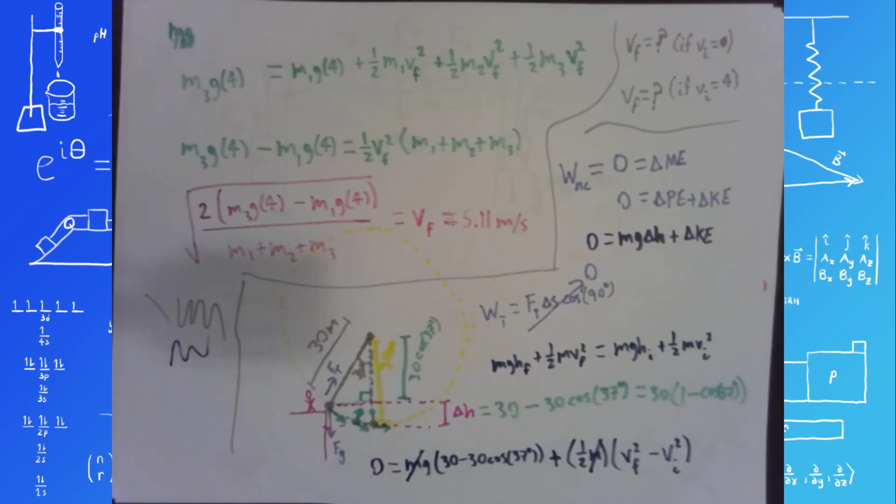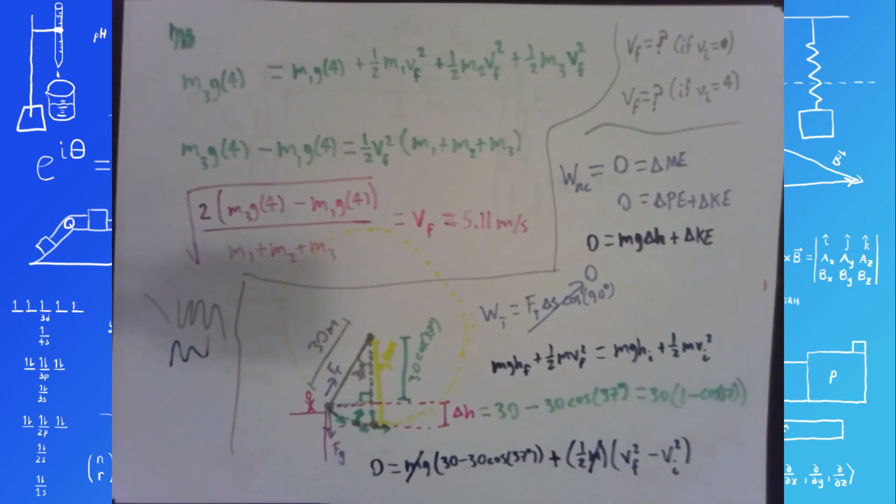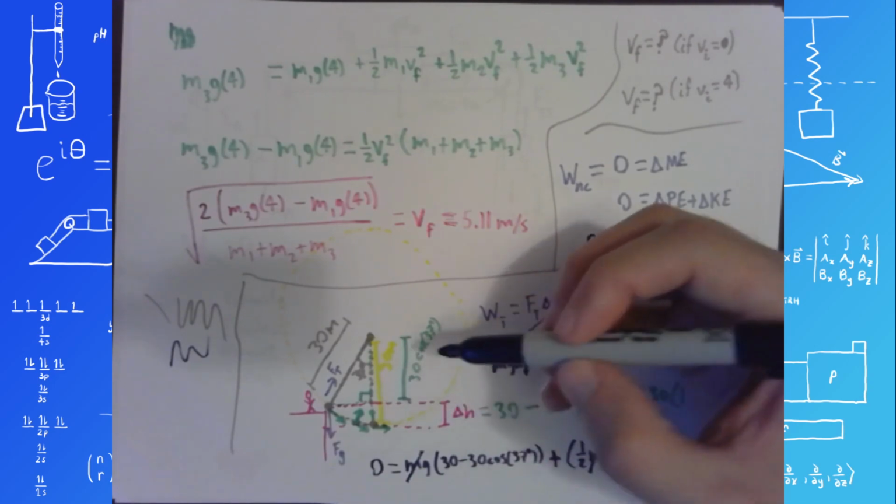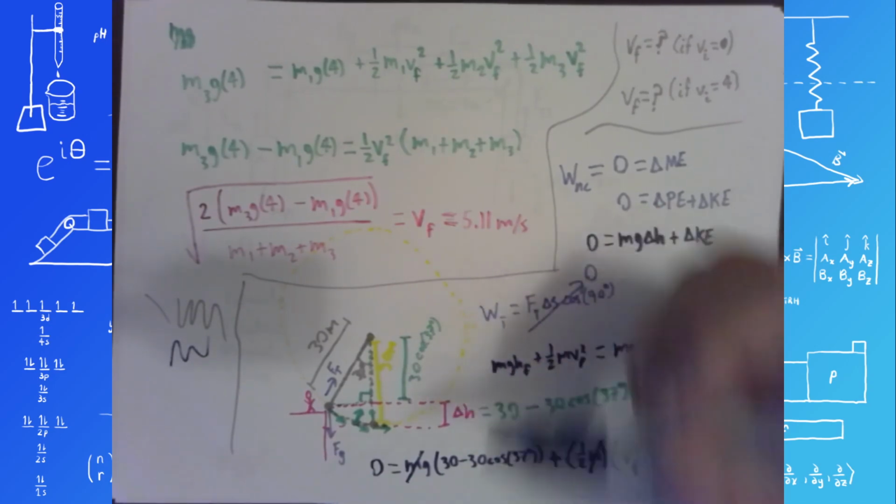How would I go about doing that? So subtract all that over to the left-hand side. Wait a minute, did I define my delta H correctly? No, I didn't, because my delta H is supposed to be negative. It's supposed to be, because it's initial height minus, wait a minute.